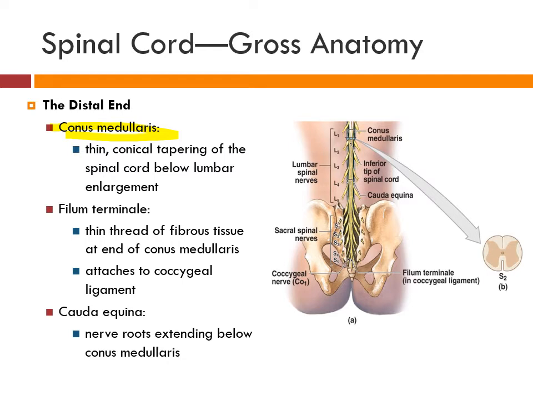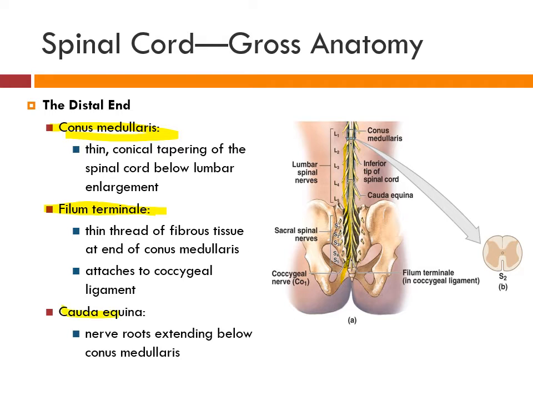That tip is then tethered all the way down into the sacrum by the filum terminale, which is a thread of fibrous tissue that goes from the tip of the conus medullaris down into the coccygeal ligament. And so it's holding the spinal cord in its position and keeping the spinal cord from bunching up and moving superiorly.